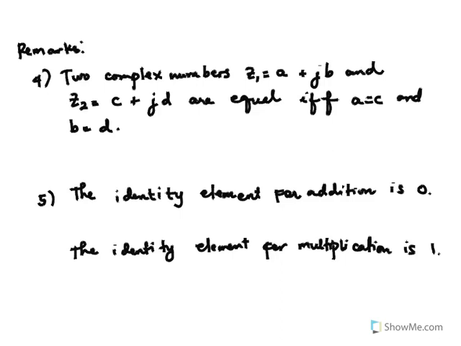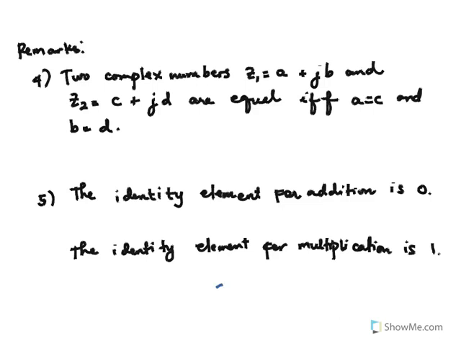And then another remark is that the identity element for addition is 0 and the identity element for multiplication is 1. So there also exists an identity element for the set of complex numbers. For addition, if you add two complex numbers and one complex number is 0, the sum will always be equal to the original complex number.